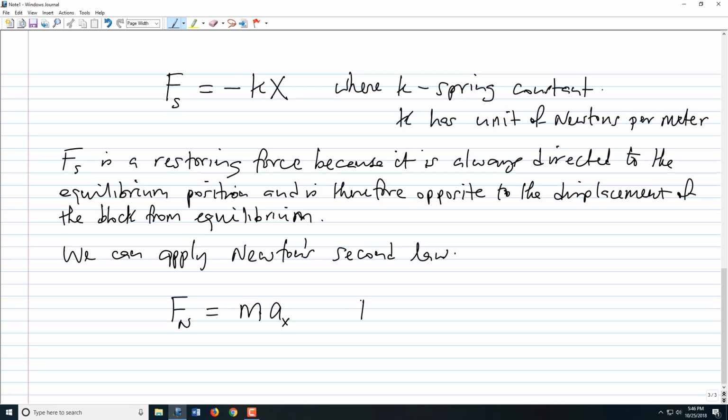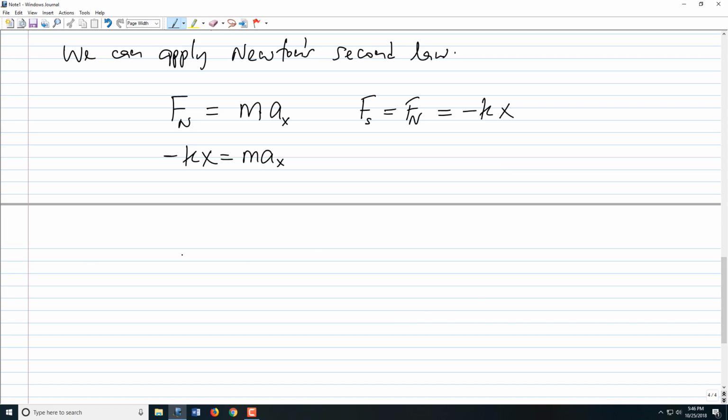And since the only force present is the restoring force, Fs is equal to the net force, and this is therefore minus kx. So minus kx is equal to m a_x, and then we can write a_x is equal to minus k over m times x.